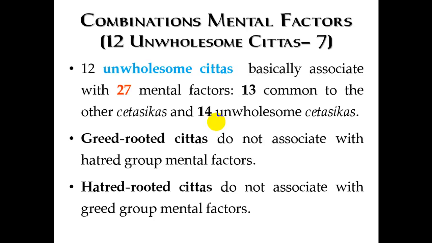So when we are talking about greed, these 3 are associated. But the hatred group are not associated. When we talk about hatred-rooted cheta, the greed group mental factors are not associated with it, right?